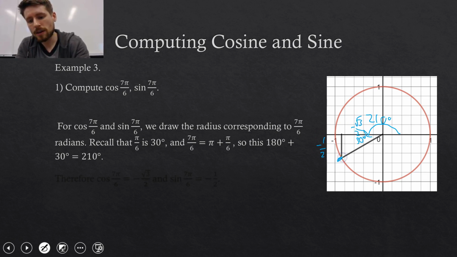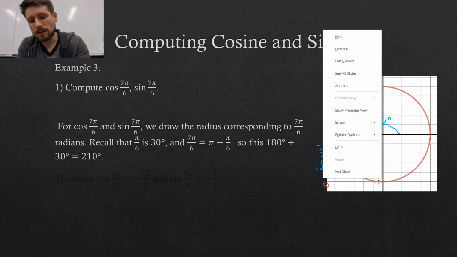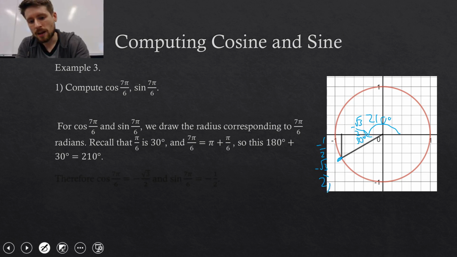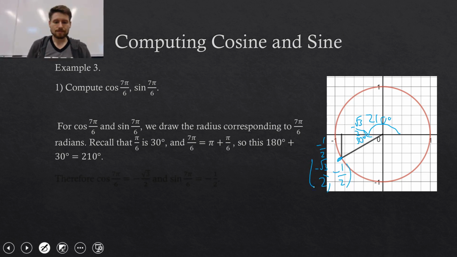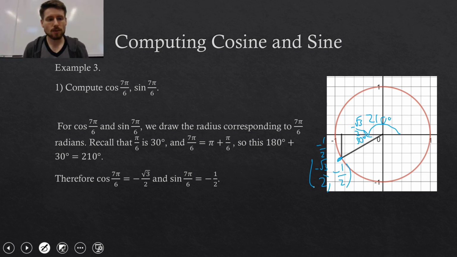So this point's coordinates are negative square root 3 over 2 in the x, and negative 1/2 in the y. Therefore, cosine of 7 pi over 6 is minus square root 3 over 2. Sine of 7 pi over 6 is minus 1/2.